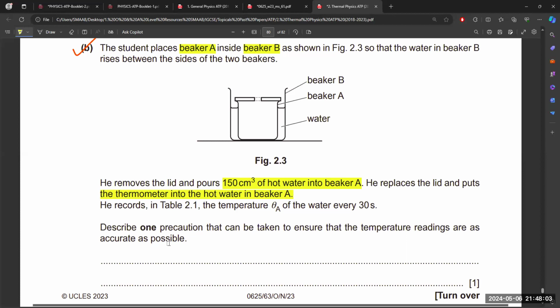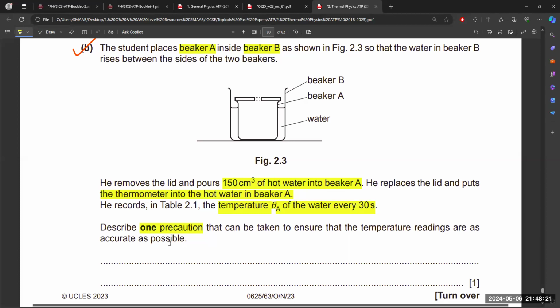So he records the reading after every 30 seconds in table 2.1. Before that, describe one precaution that can be taken to ensure that the temperature readings are as accurate as possible.